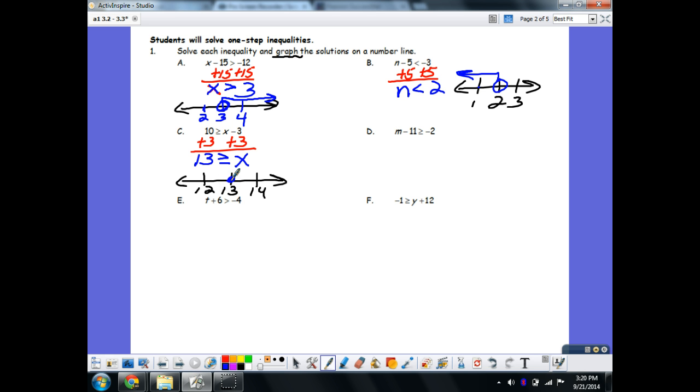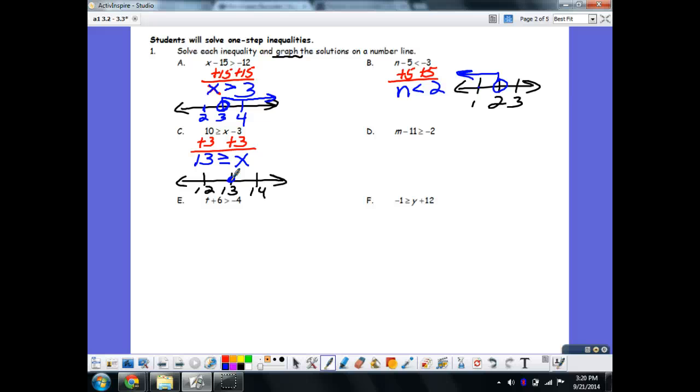So then, test point, and this is one of those where a test point is very important, because one mistake that students often fall into, they tend to think whenever you see a less than symbol, you always go to the left. Whenever you see a greater than symbol, you always go to the right. So many students will graph and shade to the right here because of the greater than or equal to, and that's not necessarily the case.